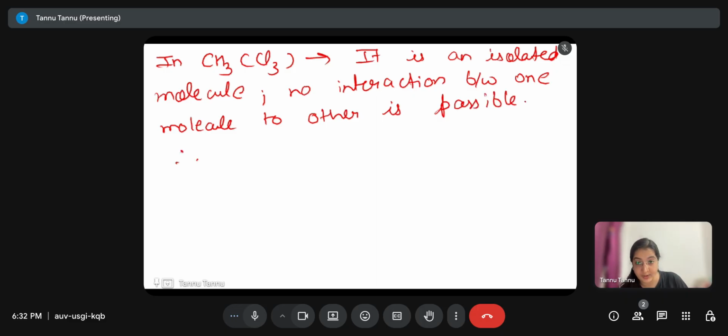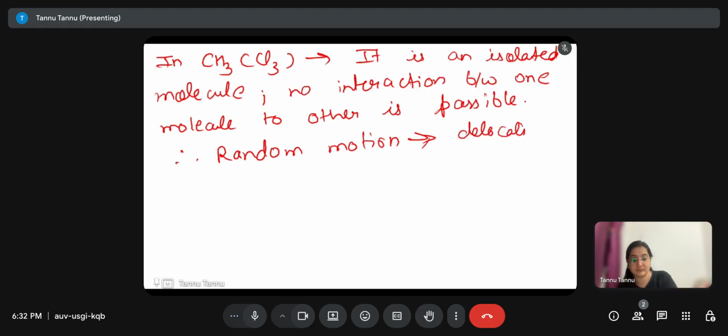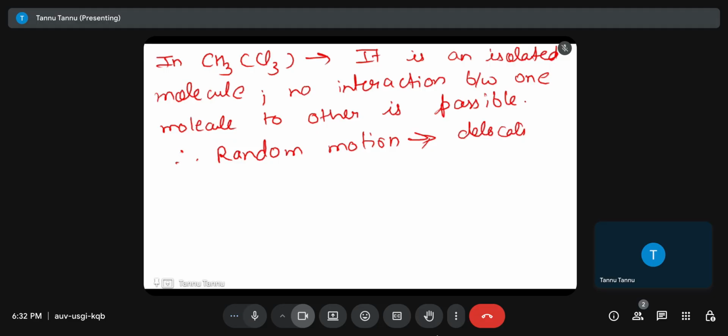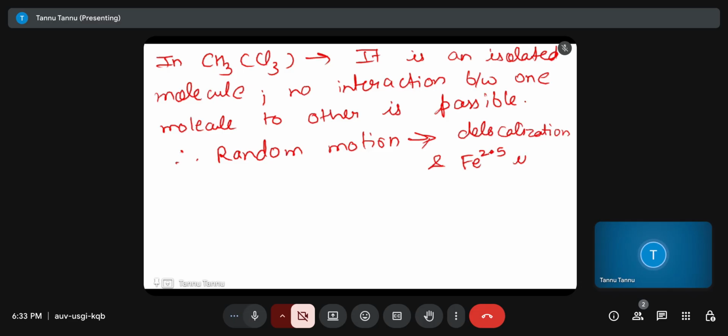Therefore, random motion is there, which leads to delocalization and Fe2.5 is observed.